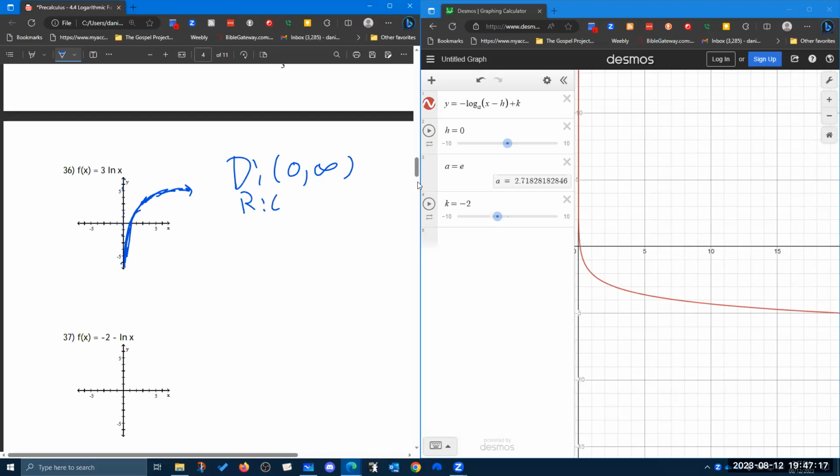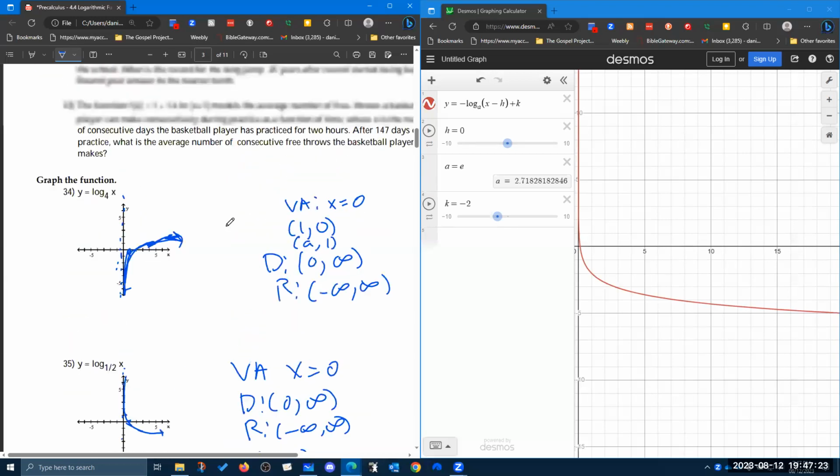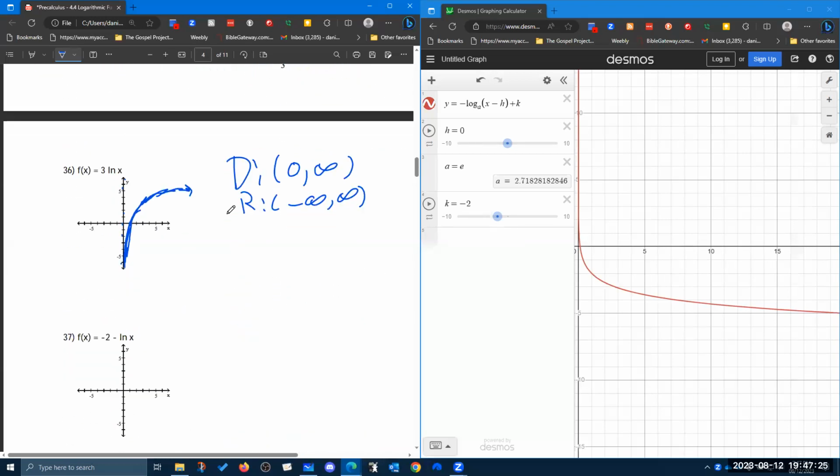The domain here was 0 to infinity. My range was negative infinity to infinity. My characteristic points were 1, 0, and e, 3. So right here, the domain is going to be 0 to infinity.